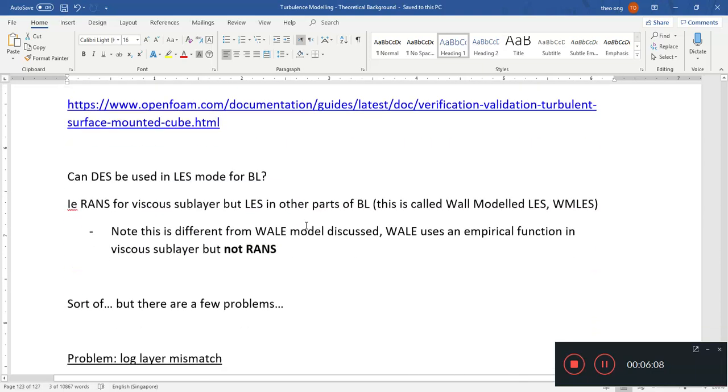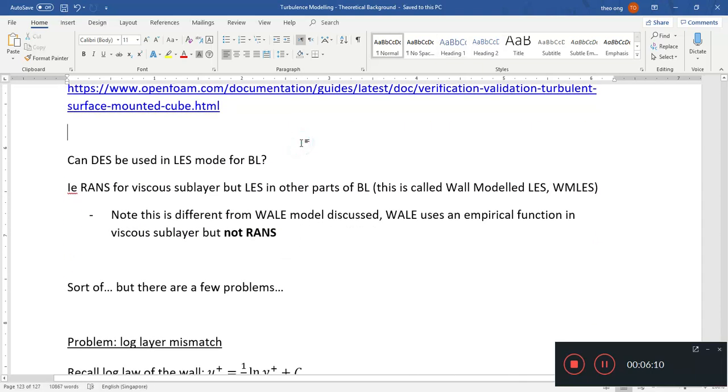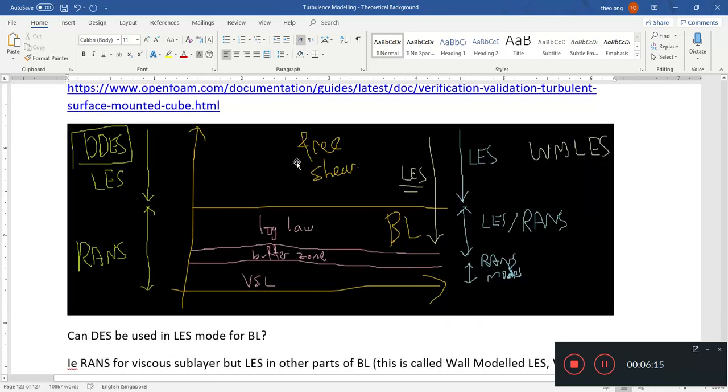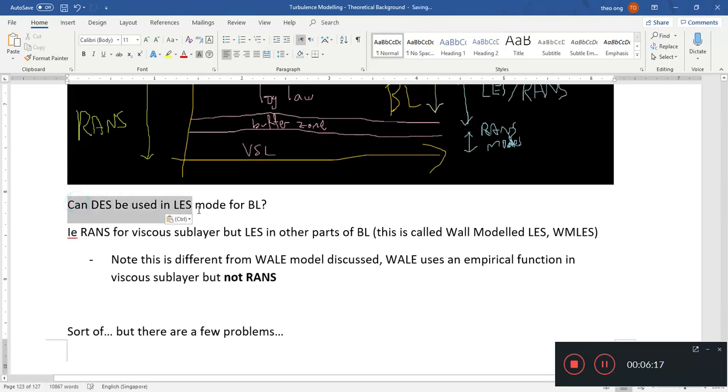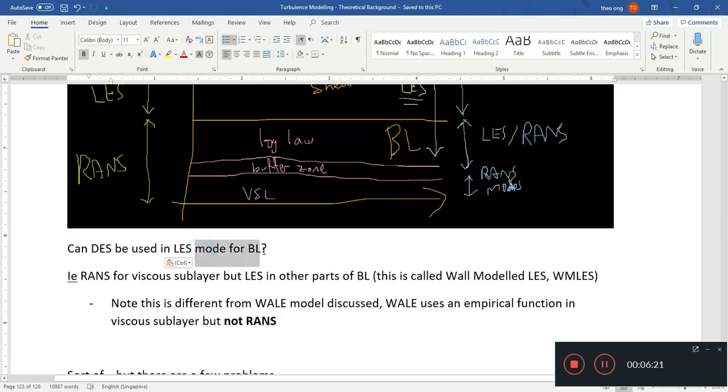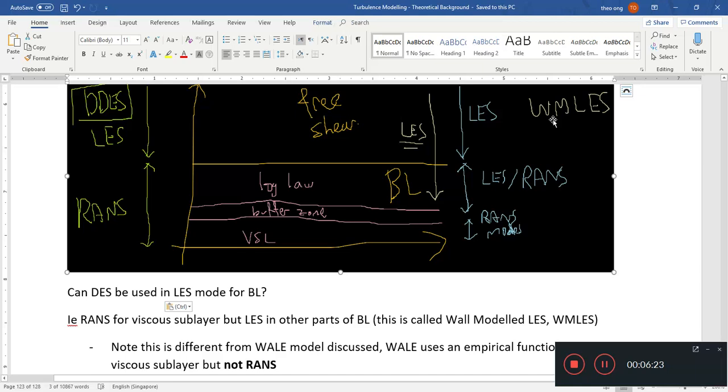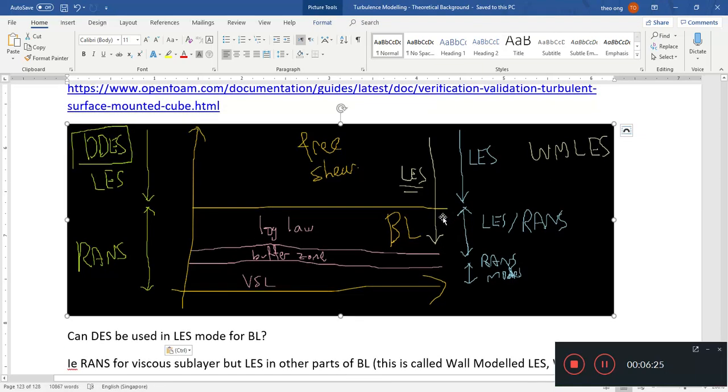I asked the question, can DES be used for LES mode in the boundary layer? So this is wall-modeled LES, and one of the interesting findings was that if you use the DDES equations and put them on the right grid, you can almost do wall-modeled LES, and of course you make some tweaks to it.